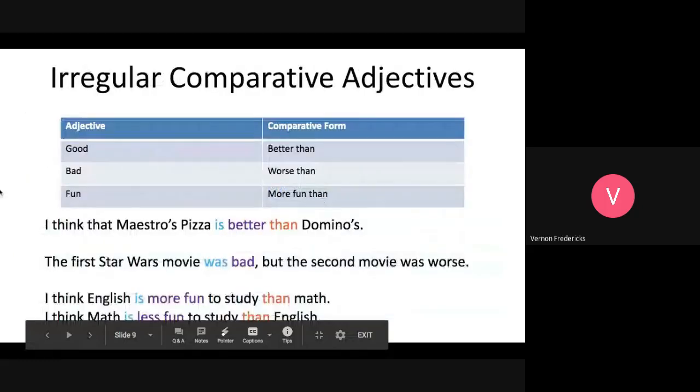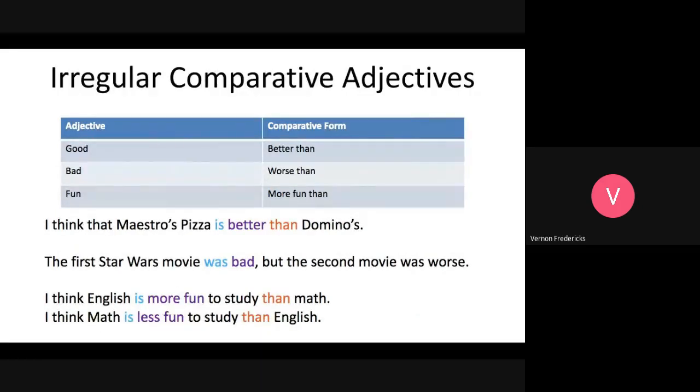Okay, irregular comparative adjectives. Students, it is very important to remember that we also have irregular comparative adjectives. The adjective is good. The comparative form is better than.